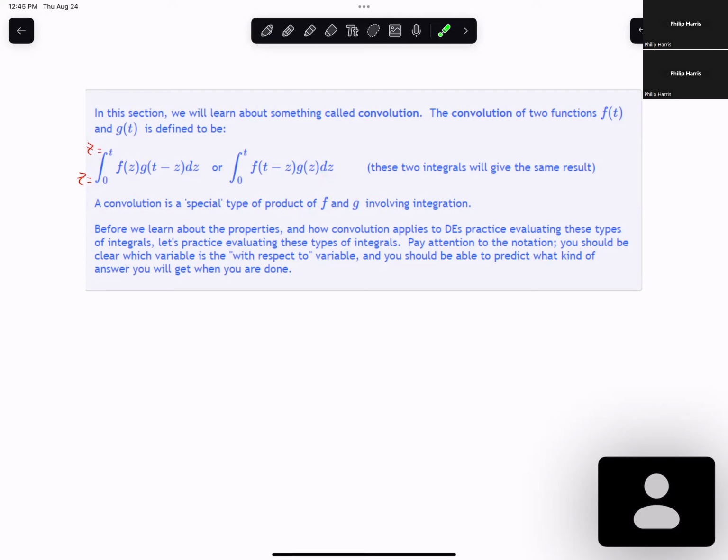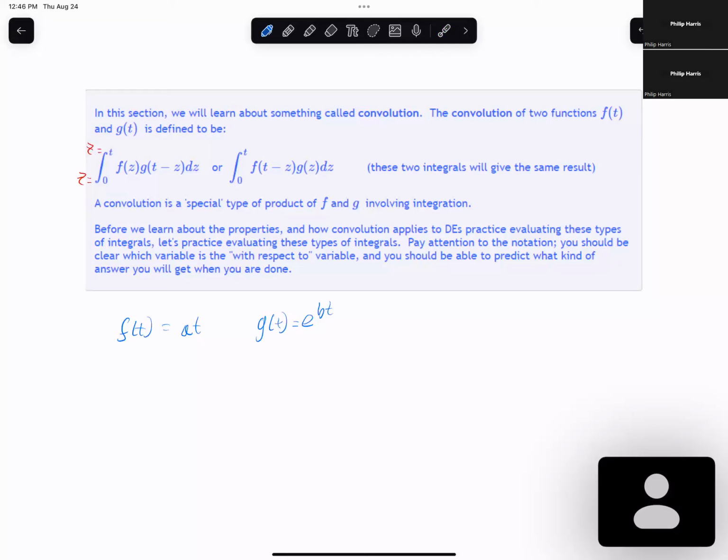The first integral you're going to see is one where f of t is equal to a t, and g of t is equal to e to the bt. Your question will have a randomized value for a and for b.